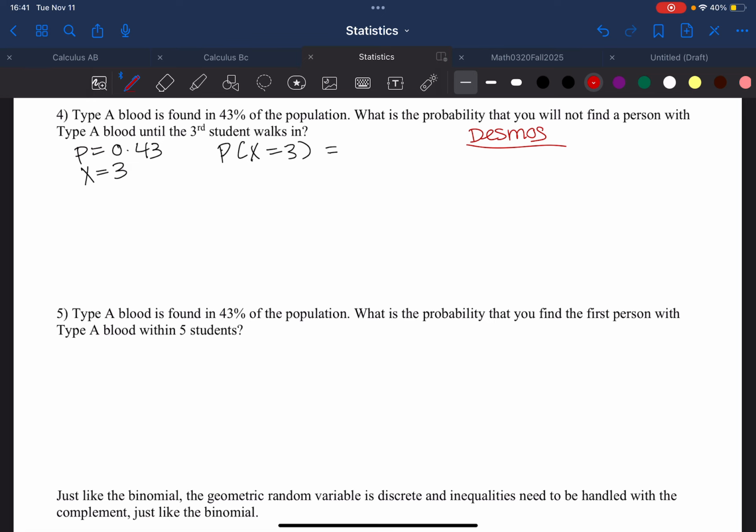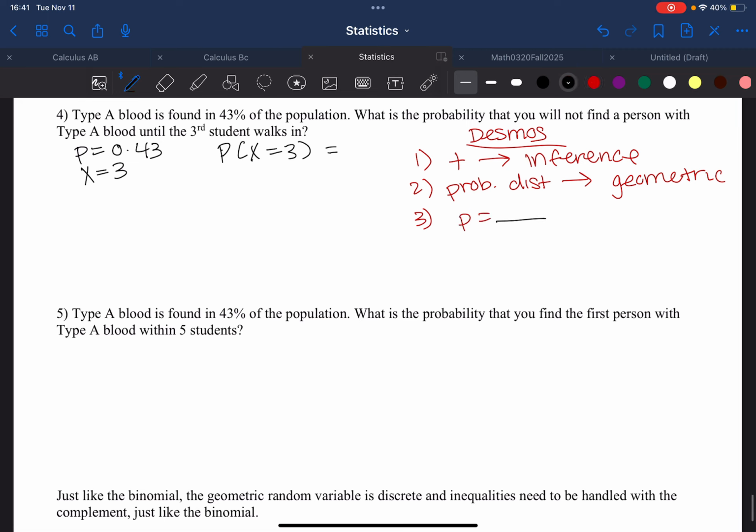Our steps for Desmos are going to be almost exactly like the steps for the binomial distribution. So our first step is to click on the plus sign, and then from the plus sign, click on inference. Then click on probability distribution, and then click on geometric. Geometric only asks you for the probability of success, so type in P equals, and in our case, that's 0.43.